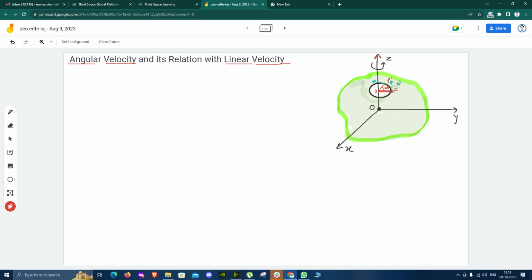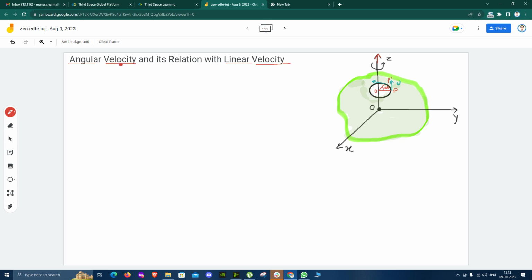In a given time, the angle covered by the particle is called the angular displacement. This here, the one which I am highlighting, is the linear displacement of that particle at that time. But this angle, delta theta, is actually the angular displacement.